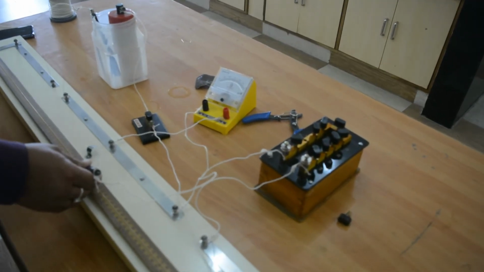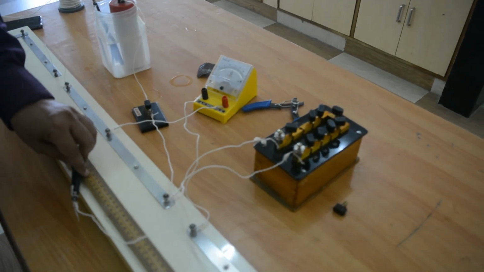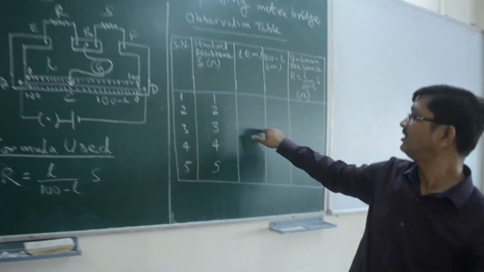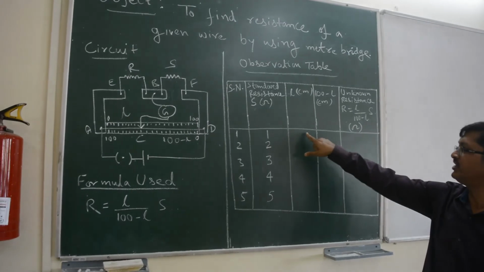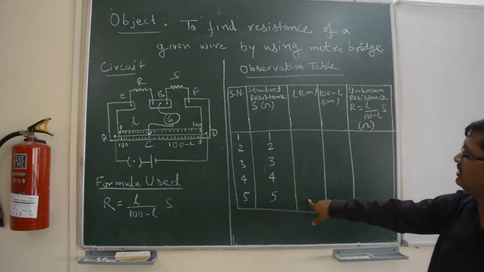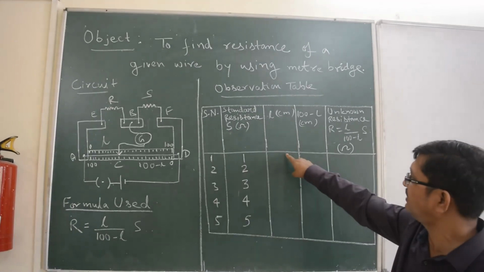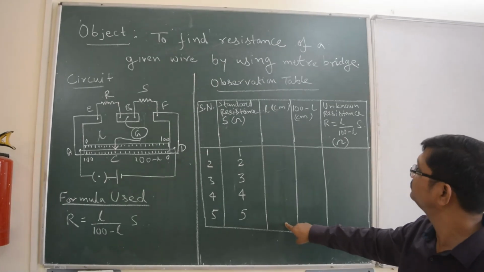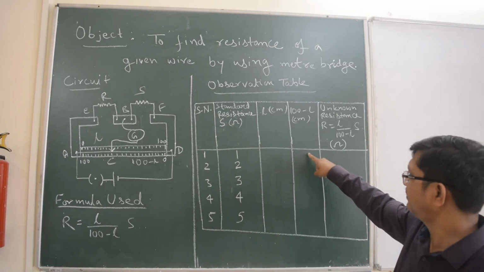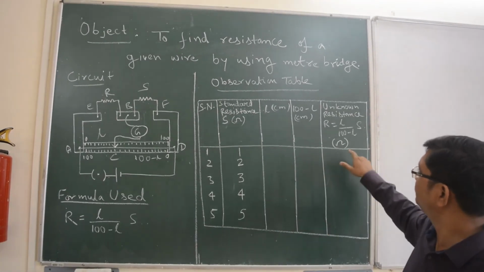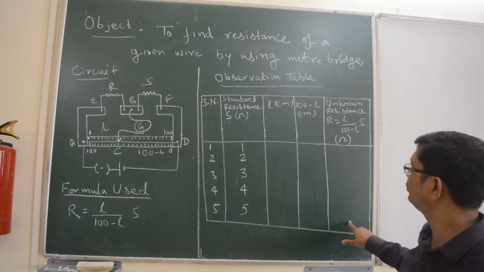All these values you will put here in the observation table. You can see that you have varied S here, and correspondingly you are getting the L value, right? And 100 minus L you can calculate and you will use this formula to find the unknown resistance.